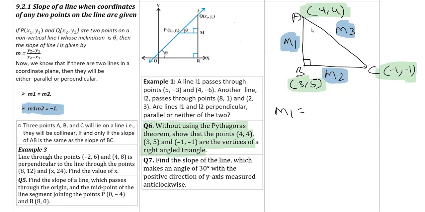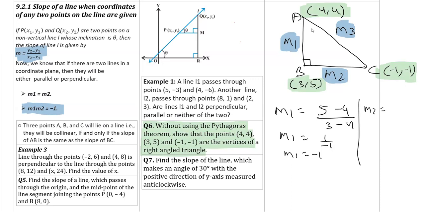Now for example, if I calculate the slope M1 using this formula, y2 minus y1 over x2 minus x1, I'm finding this slope here. M1 is 5 minus 4 over 3 minus 4. So we are getting M1 as 5 minus 4, that is 1, over minus 1. So M1 is equal to minus 1. Now in the next part, I'm calculating M2.